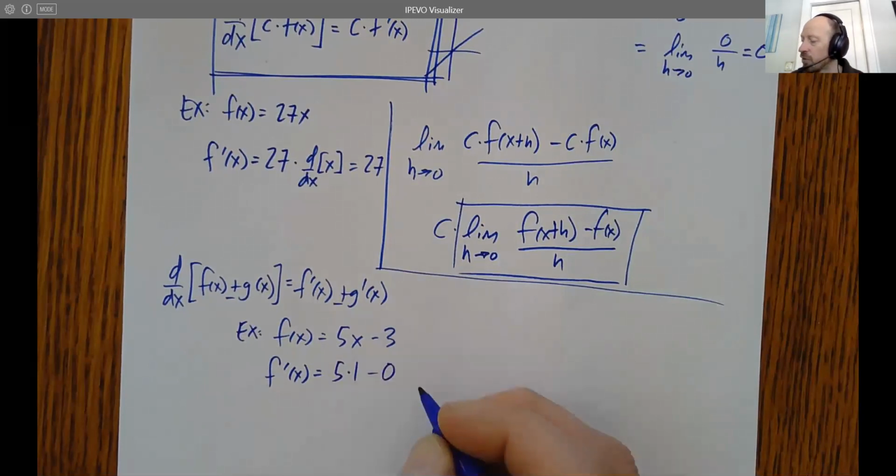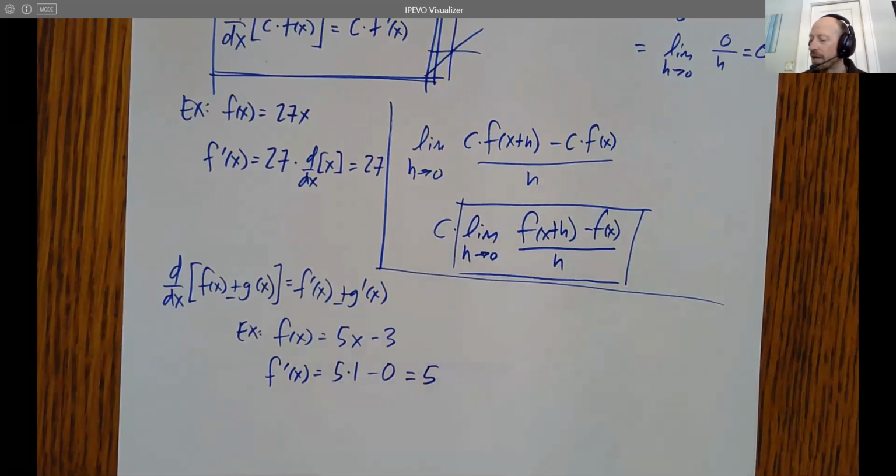Either way, that's 0. So that gives me 5. And again, you knew that already because this is a line with a slope of 5. So there are no sparkling revelations yet, but we're close to exploring some new functions.